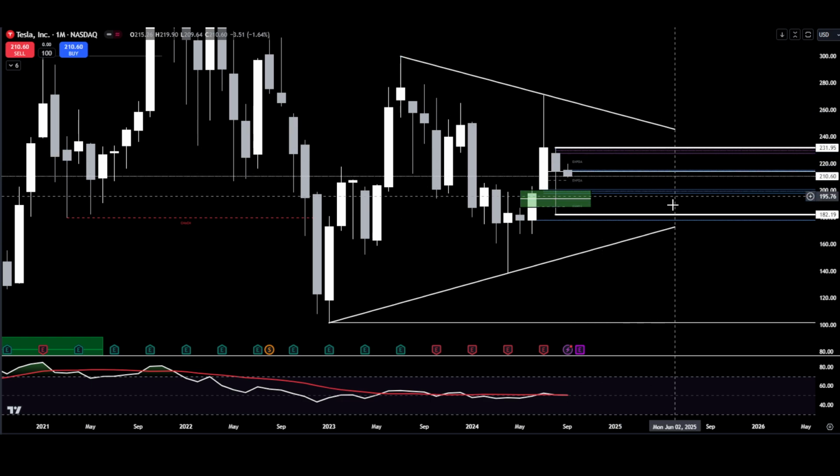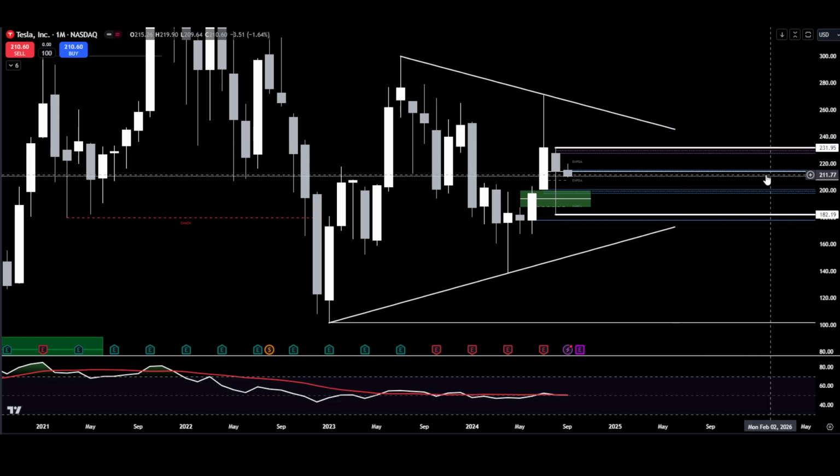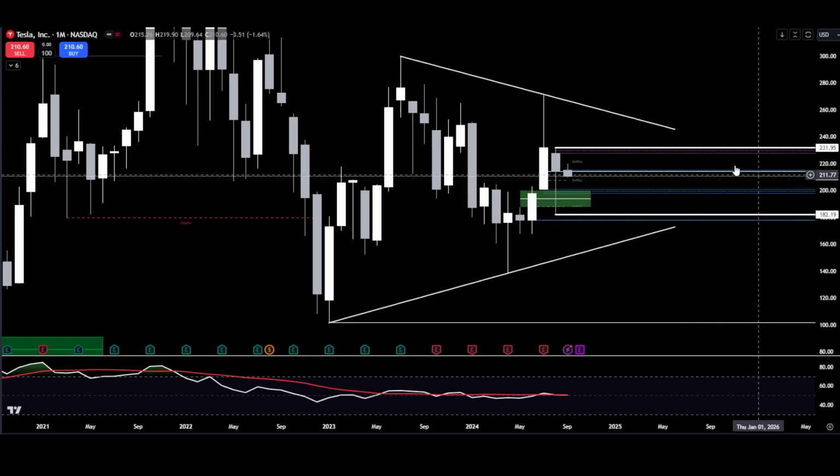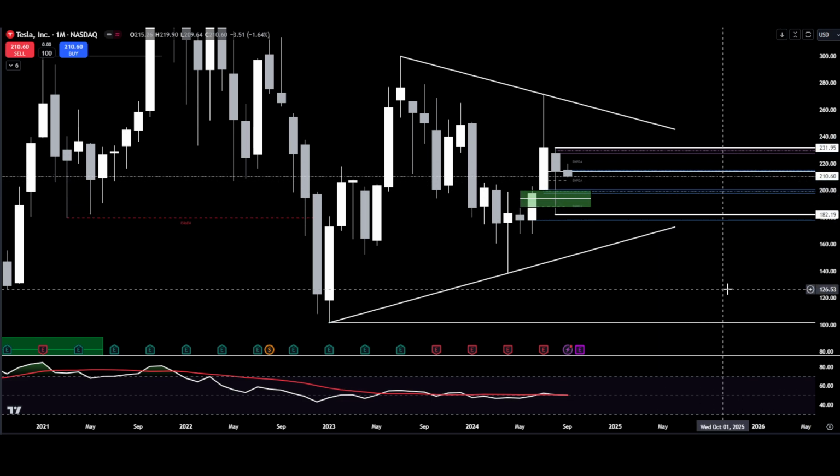But we can stay consolidating in this. If we went all the way close to the apex, probably going to be somewhere like February or March 2026 is what that looks like if we were to extend these resistance and support lines all the way till they intersect. It could be a long time.